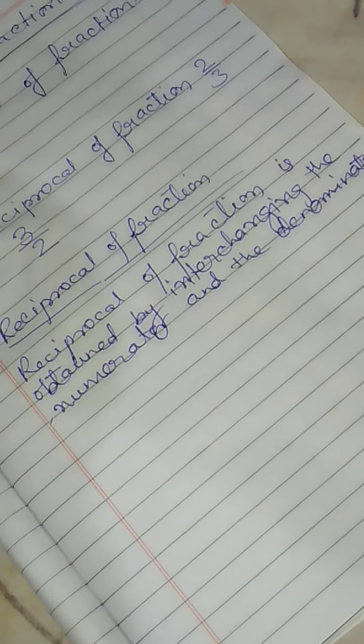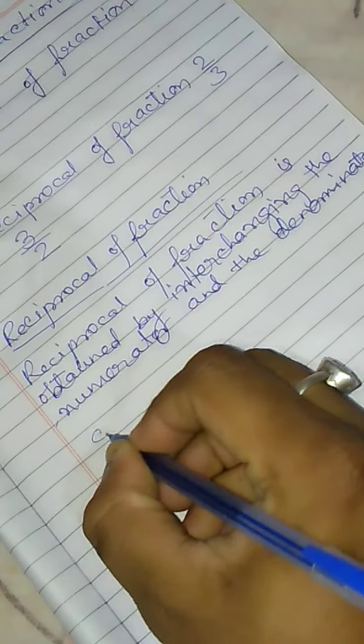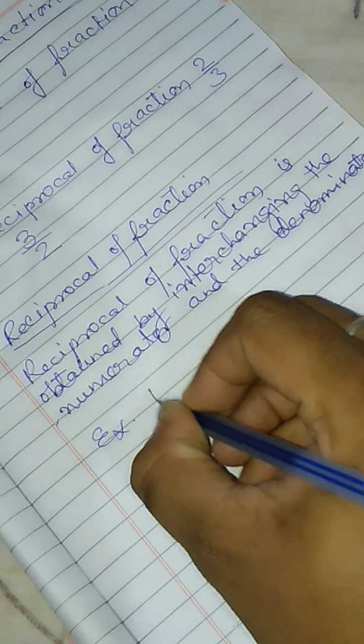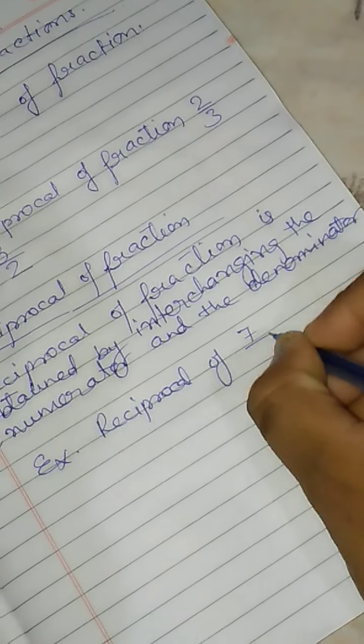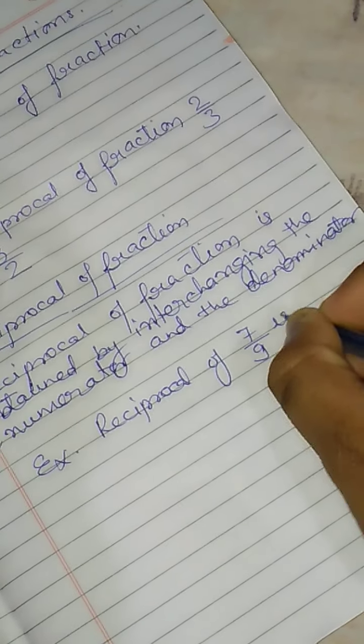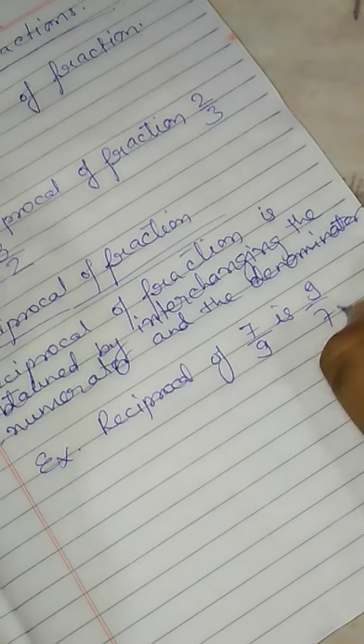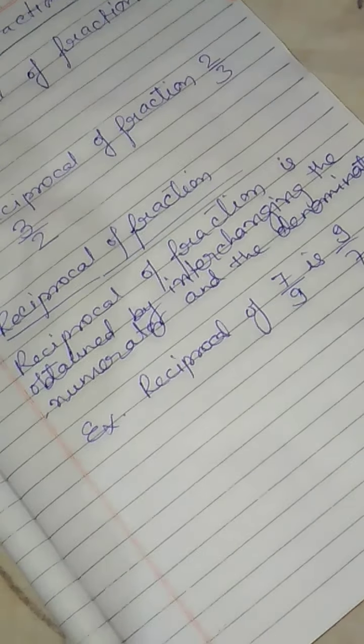Okay. So the example is: reciprocal of 7 upon 9 is 9 upon 7. Clear?